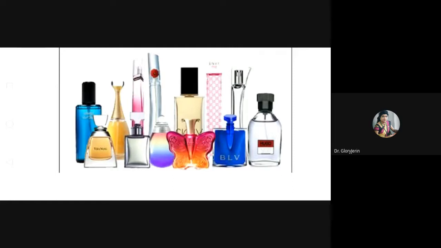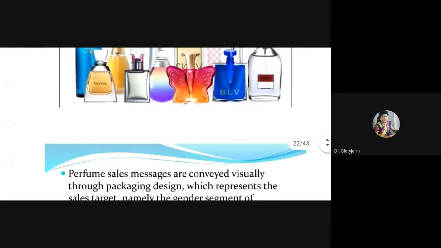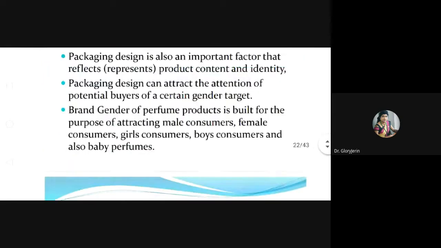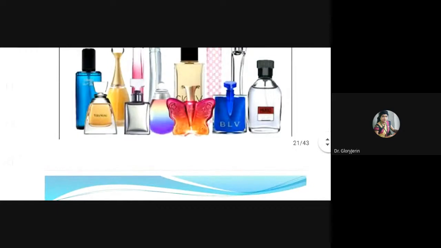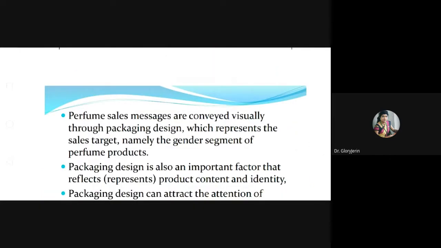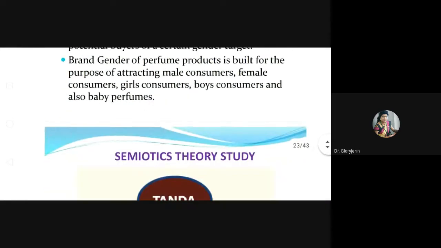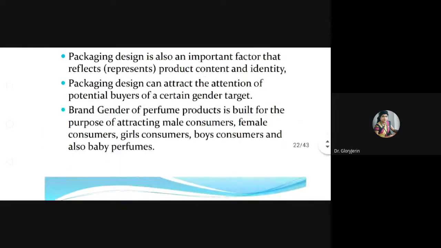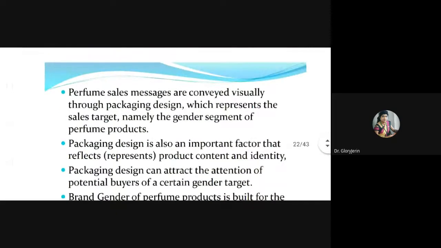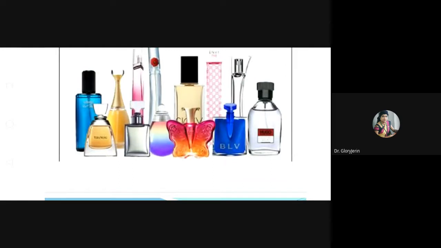There are two steps that can be taken to build a gender brand. To build a gender brand, the first step is to design or modify the product or brand so that it appeals to male or female stereotypes. So that bottle looks like a butterfly.